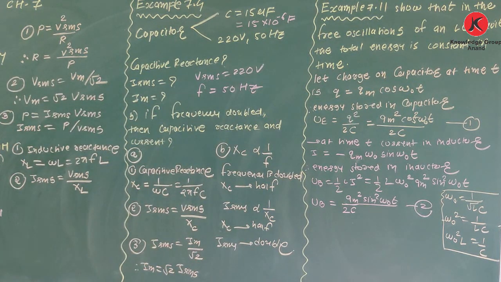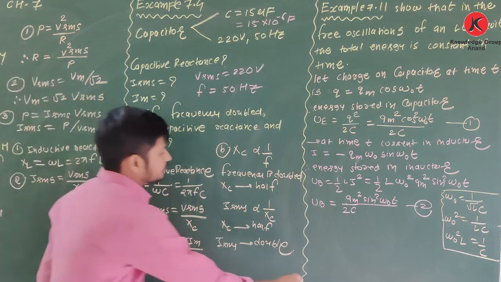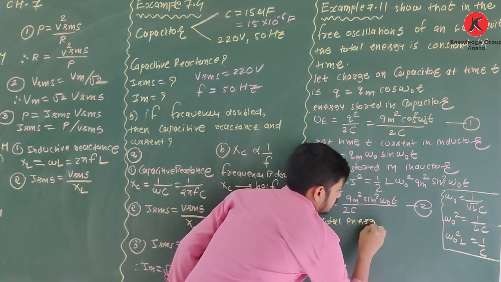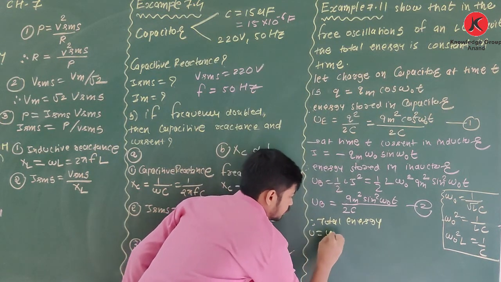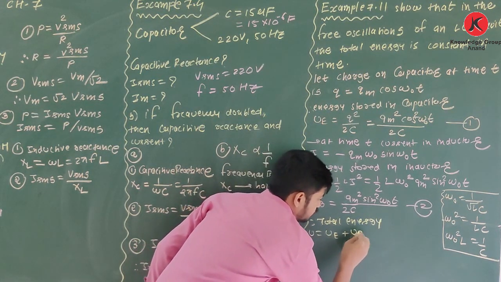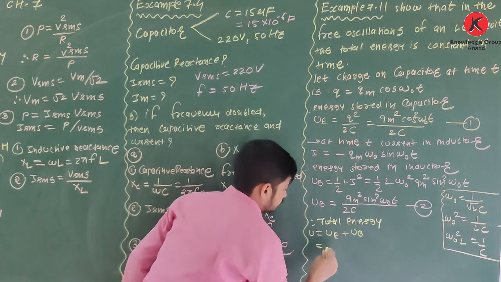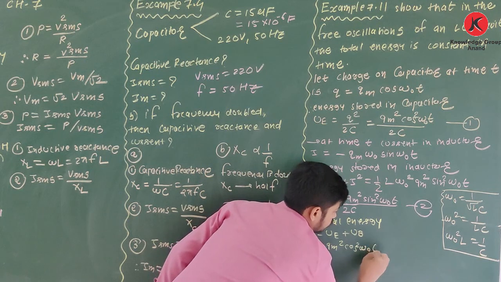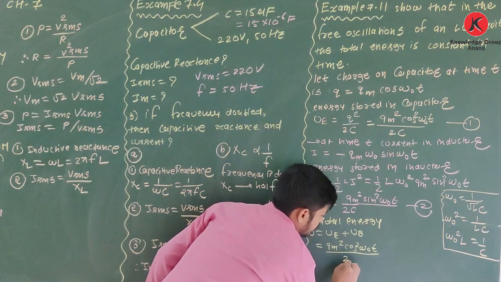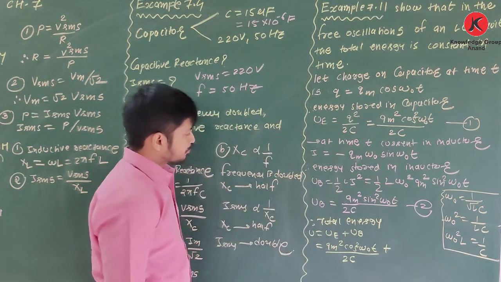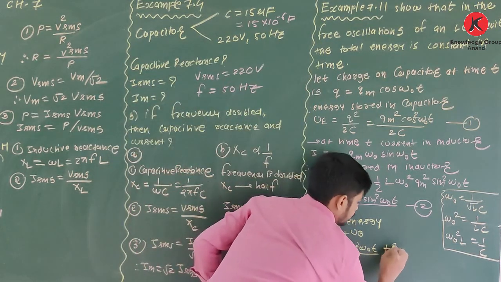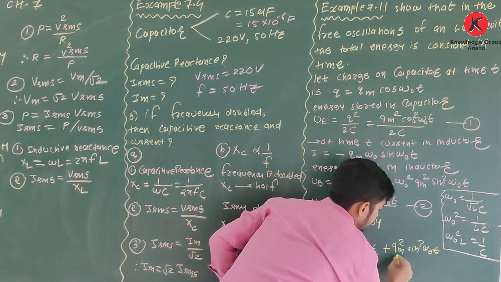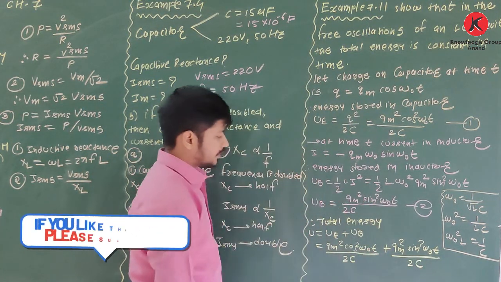How to find the equation of total energy? Total energy U is equal to UE plus UB, which is Qm square cos square omega 0 t divided by 2C plus Qm square sin square omega 0 t divided by 2C.